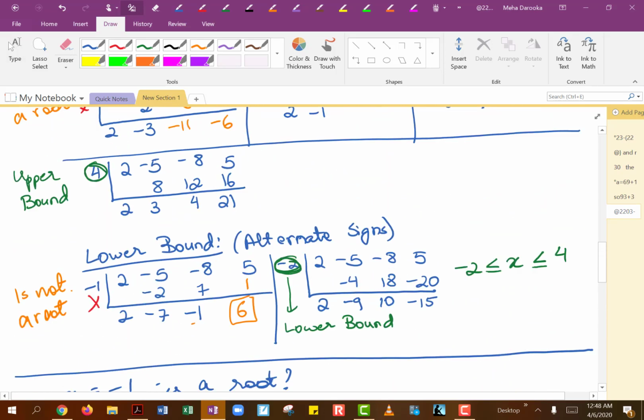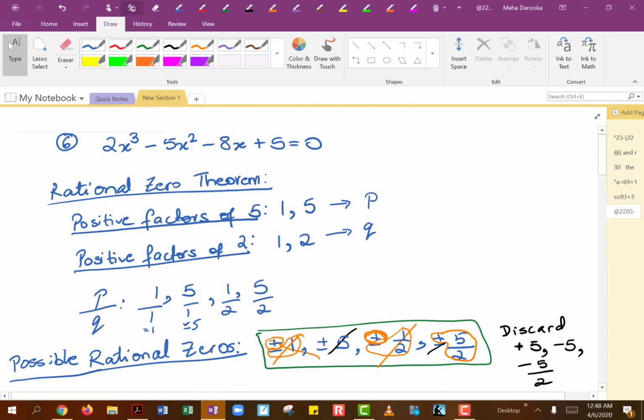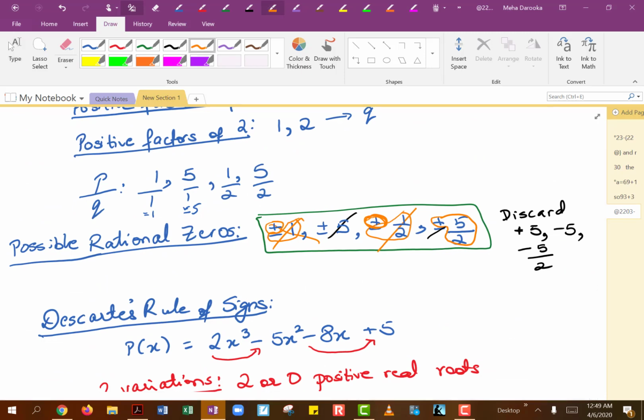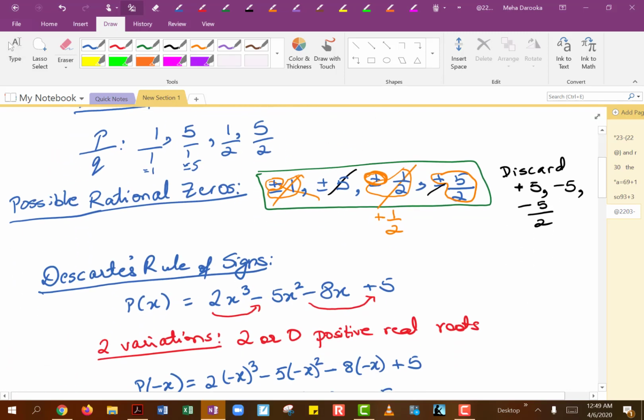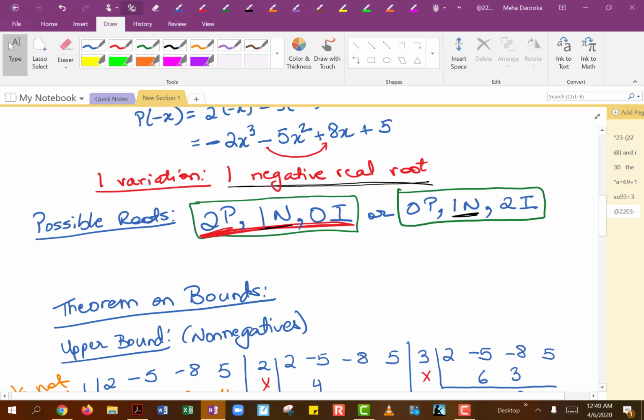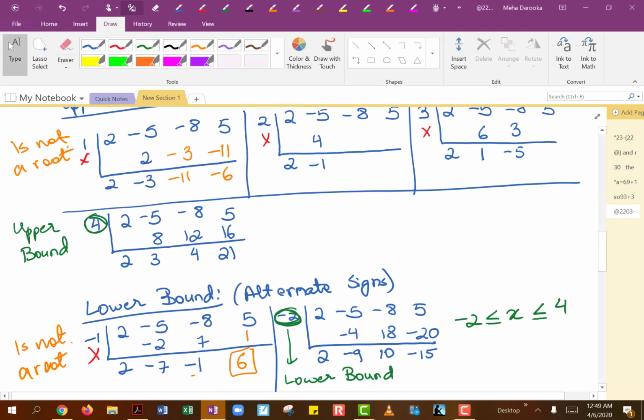So I'm actually going to go all the way to the top. That positive 1/2 is actually coming from this list that we got from our rational zero theorem. Then Descartes' rule told us we should have 2 positives and 1 negative, 0 imaginary.